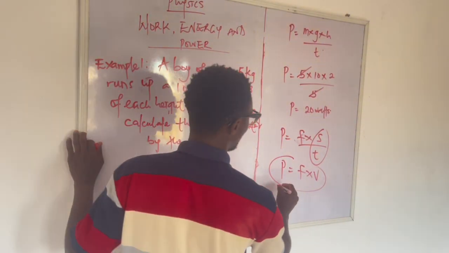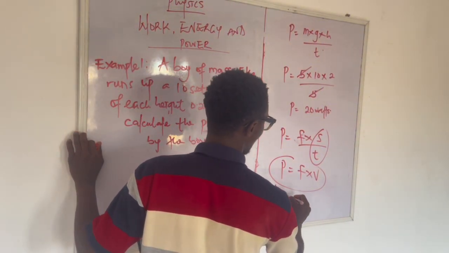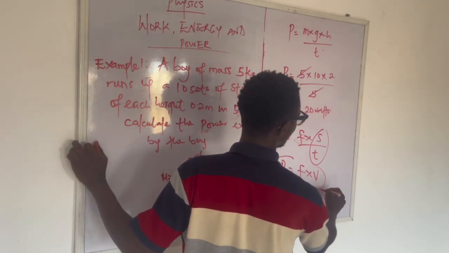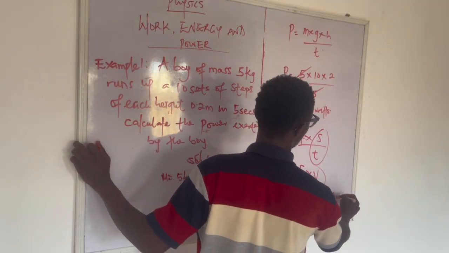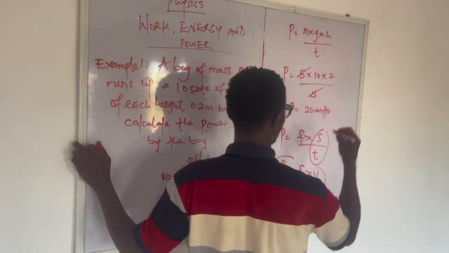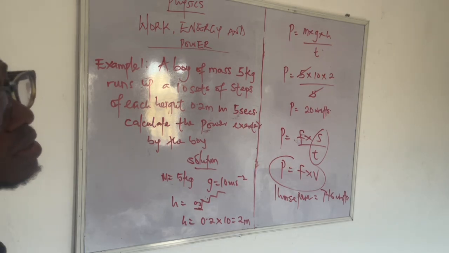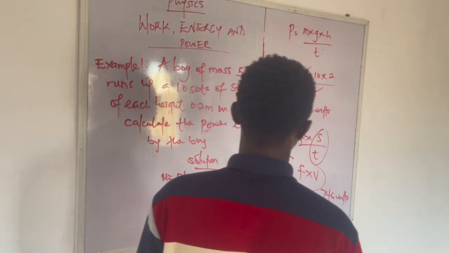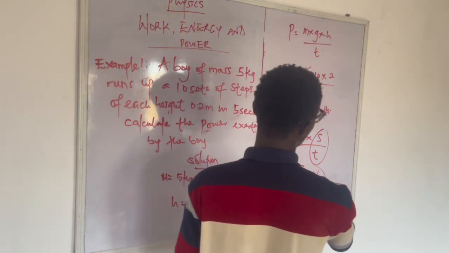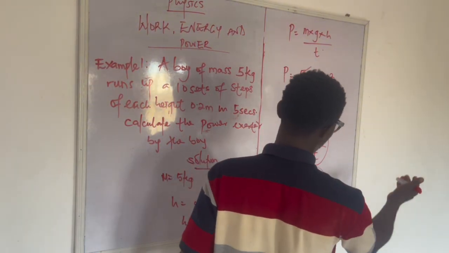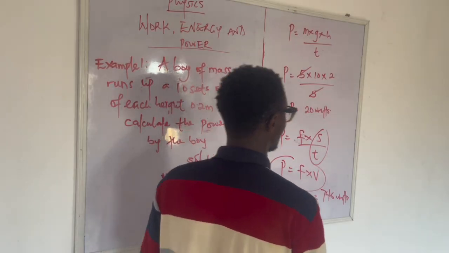Now, 1 horsepower equals 746 watts, which is 0.746 kilowatts.